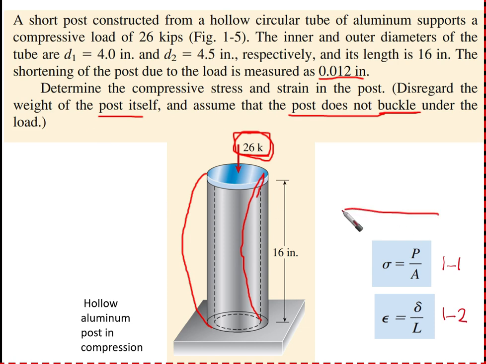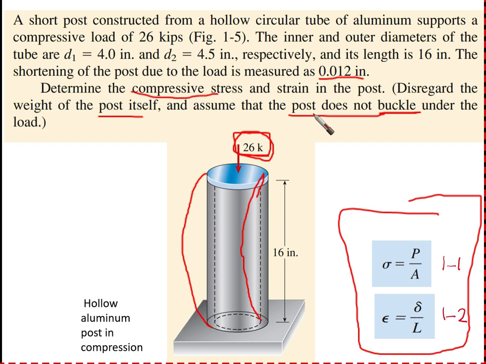Just to keep our main equations in mind, because we want to determine the compressive stress and strain. We have equation number 1, which is the normal stress, P over A, as we explained in the previous video.